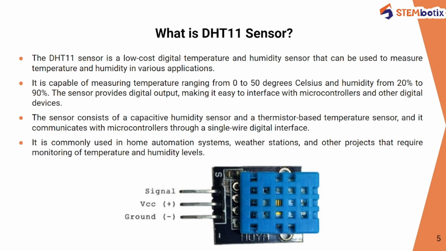Using the signal pin you get the temperature and humidity output in digital form. The VCC power pin supplies 3.5 to 5.5 volts to the component, and the ground pin connects your device with the ground pin of the microcontroller.